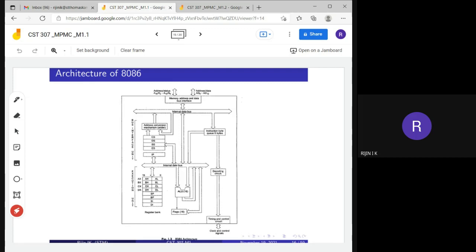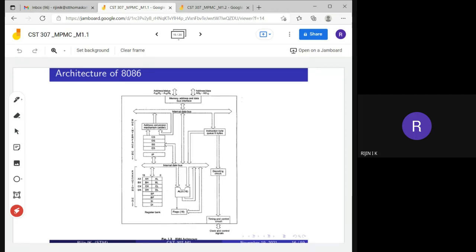One more important function in the bus interface unit is 20-bit address generation. That means it will generate a 20-bit physical address for accessing the memory. These are the important functions of the bus interface unit.